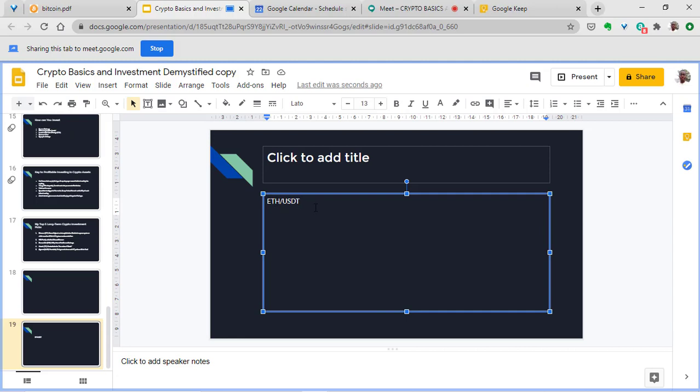So that could be ETHUSDT, that could be BTCUSDT. You understand? USDT, I've said, is a stable coin that is pegged to the US dollar. You could even have BTCUSD, which is US dollar. But USDT is a cryptocurrency, which is a stable coin. So what this usually means is the asset you're trading is Bitcoin, but the price of the Bitcoin in this market is in US dollars.